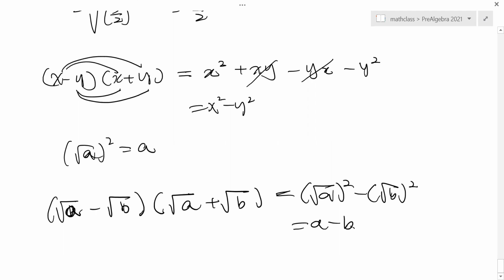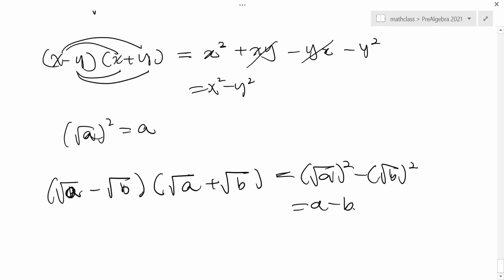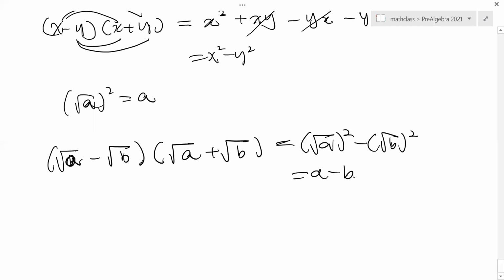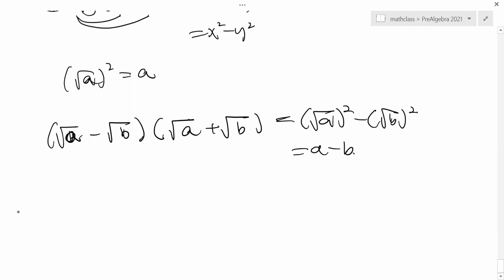This is a very interesting identity. And sometimes the square root of b is already an integer. It's possible.